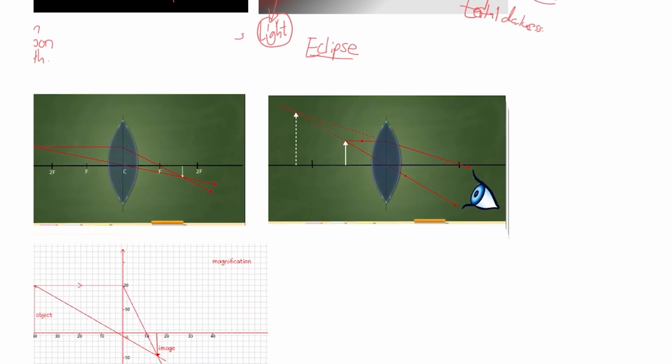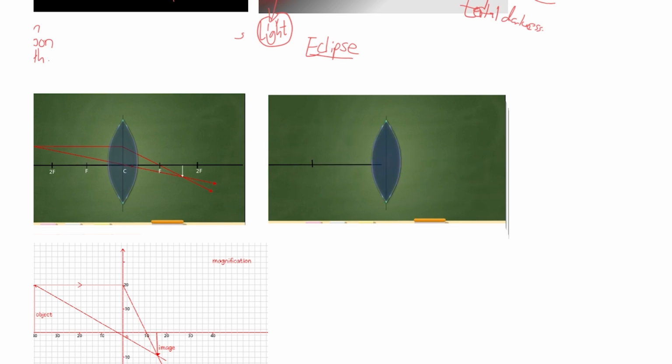With me here, let us look at this. This is our convex lens. When you draw a ray diagram of it, what we are seeing here is our object.